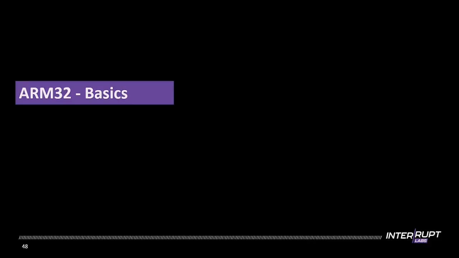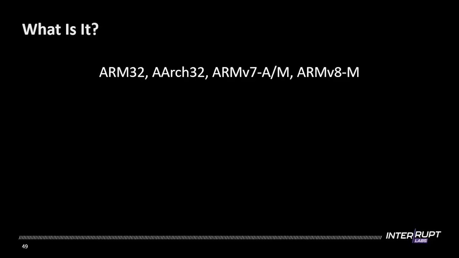Alright, let's move on to ARM32. First, what is it? It's sort of an older version of ARM64, but it's still actively developed and mainly used in microcontrollers now. You might see it called AArch32, ARM V7A or M. The A stands for application, the M stands for microcontroller, and also ARM V8M is 32-bit as well, and ARM V9M.